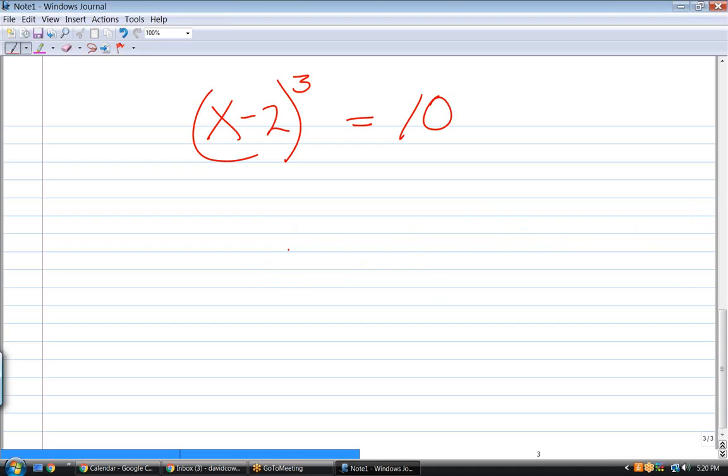So, given that we know that, the first step is not to expand this. That'll just make it a hard cubic problem. But there is a relatively easy first step. Remember, I'm trying to isolate x. Well, I can't isolate it yet, but how can I isolate x minus 2? You could.